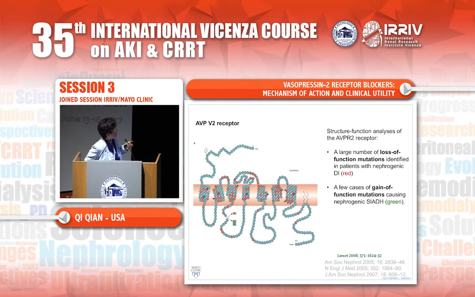We have all the molecular information of the AVP V2 receptor. Loss-of-function mutations have been identified in multiple spots, causing nephrogenic DI, and gain-of-function mutations have also been identified, causing hereditary SIADH.